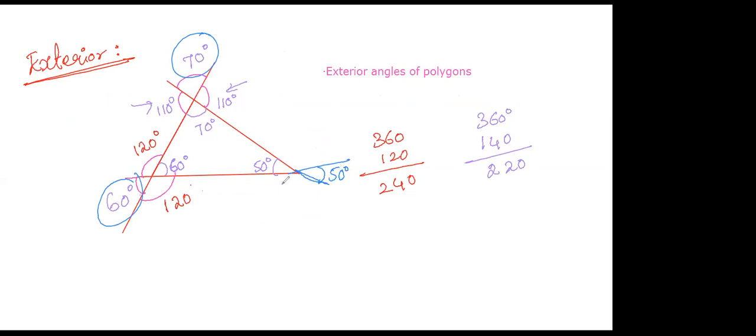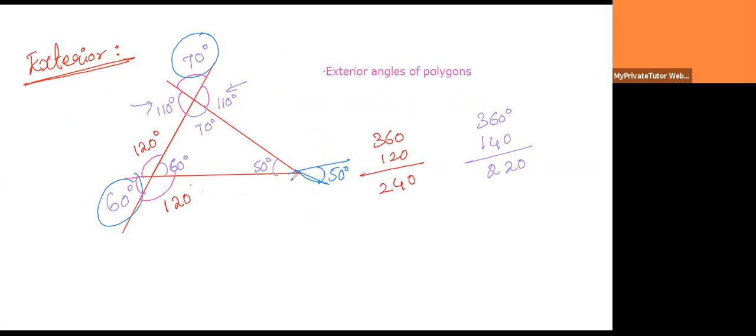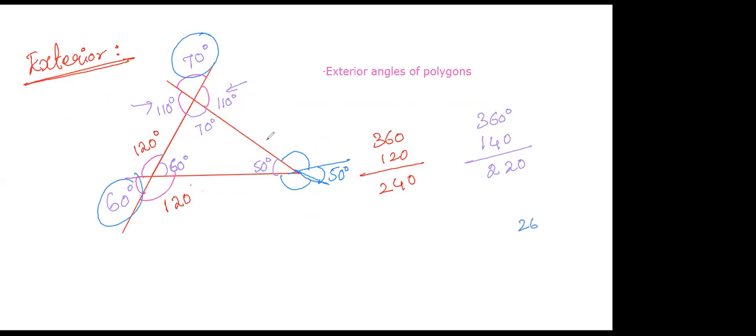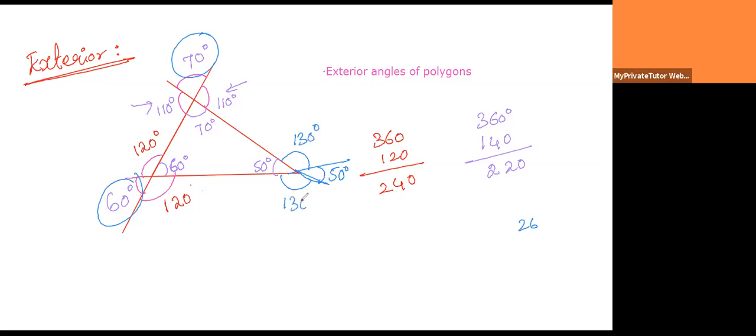If it is 50, what would be this one then? 180 take away from 360, I think 130, right? So 130, 130. Then 130, 120, and in one angle we have 110.